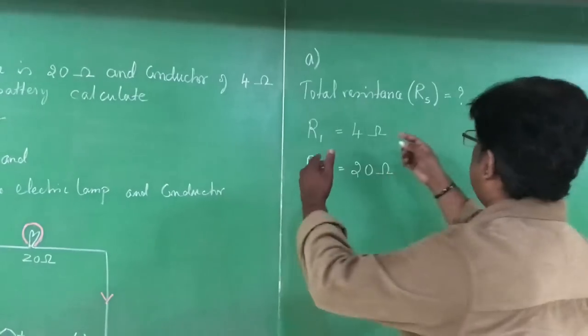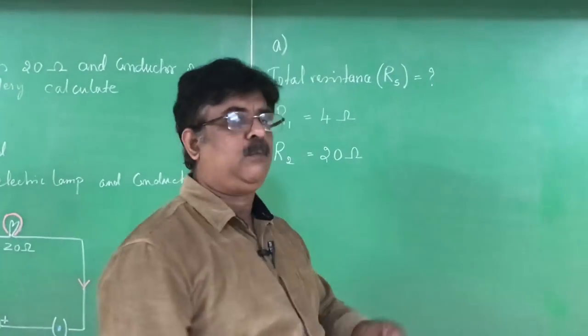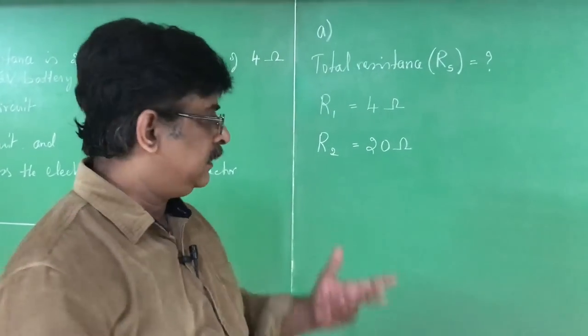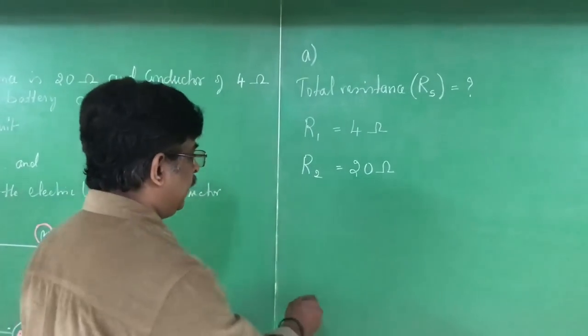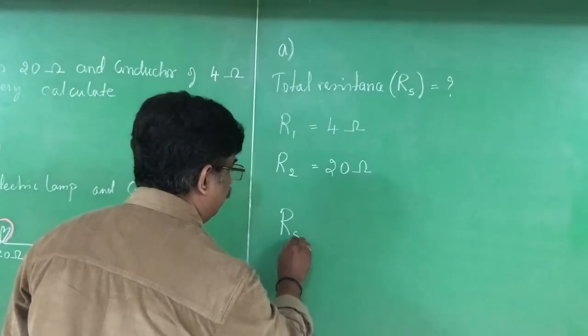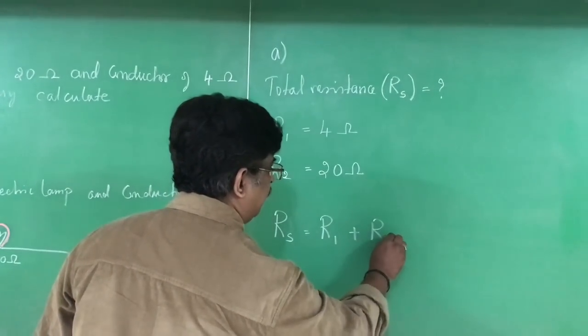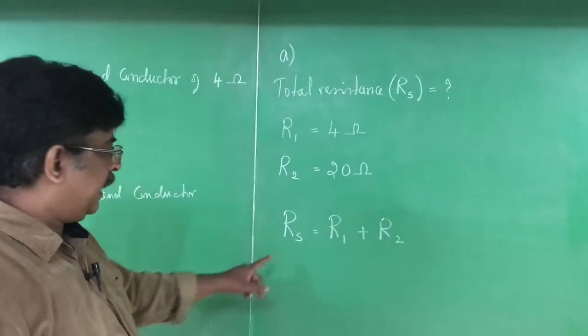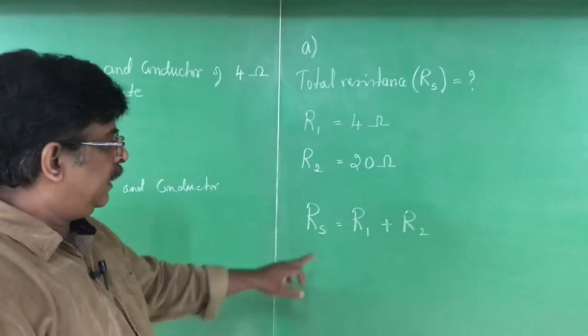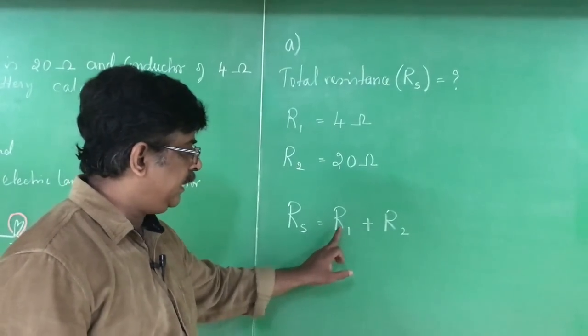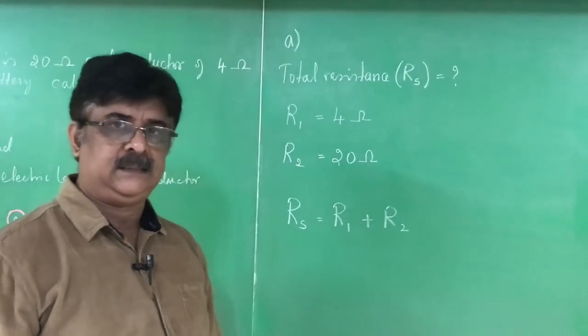Now, total resistance we have to calculate. What is the formula we are going to use? When the resistors are connected in series, the formula is very simple. That is RS is equal to R1 plus R2. When resistors are connected in series, the total resistance is equal to the sum of the individual resistances.